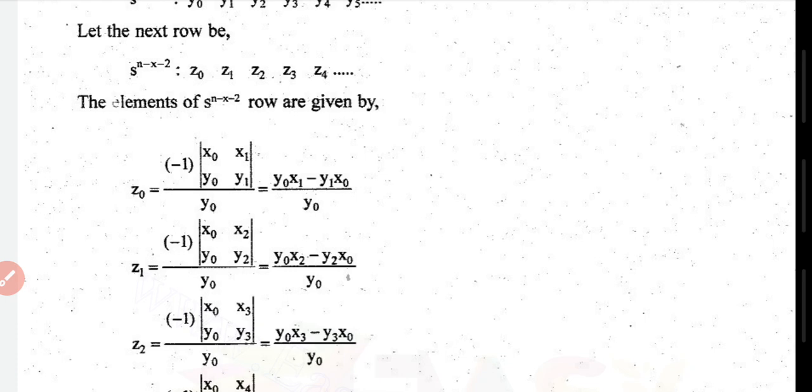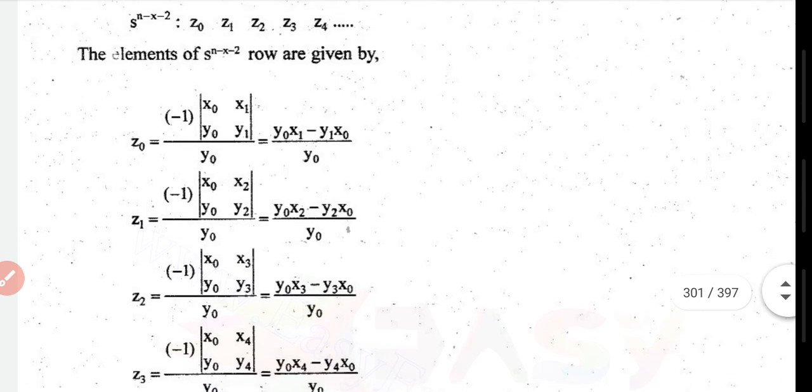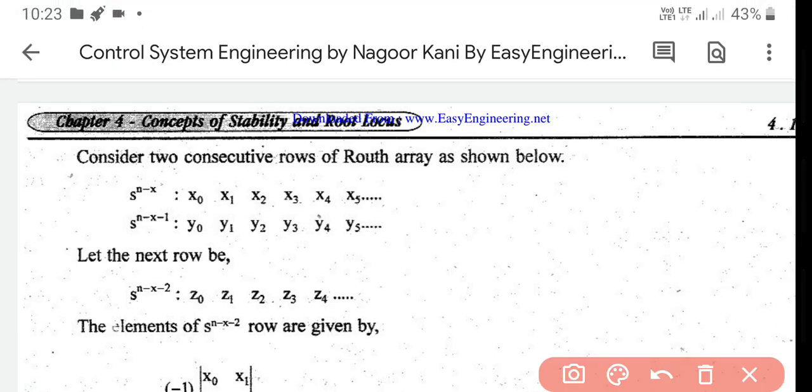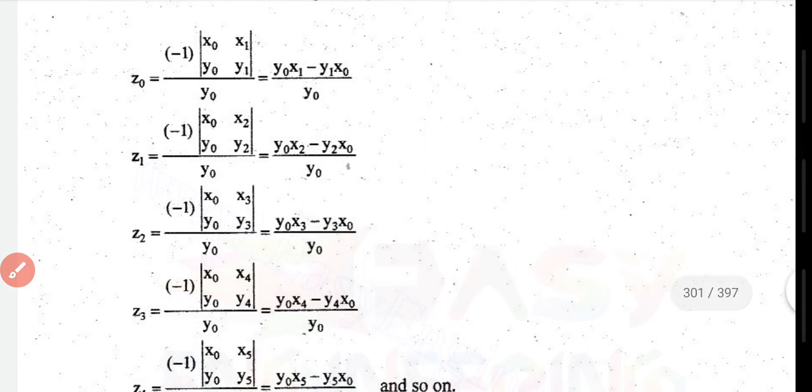Thereby you are obtaining z1. Similarly, to calculate z2, which is the third column element, you have to consider the first column element and the fourth column element, divided by y0.